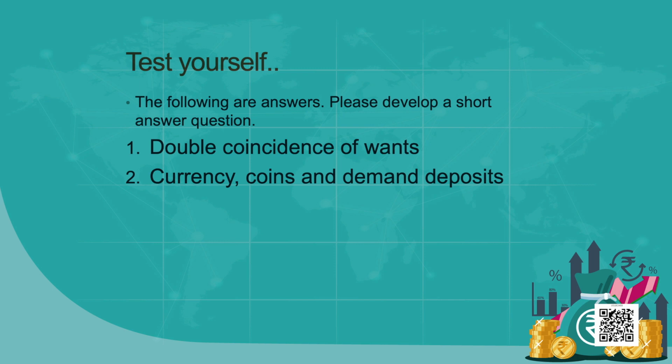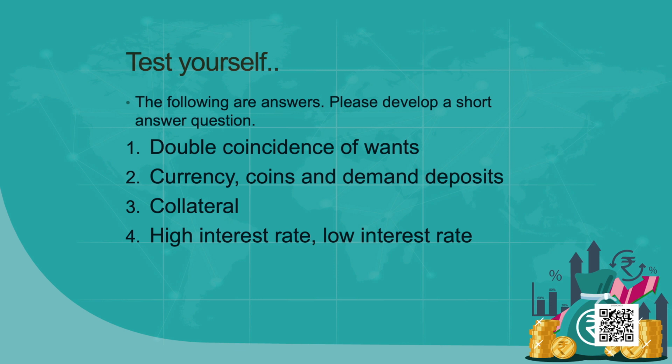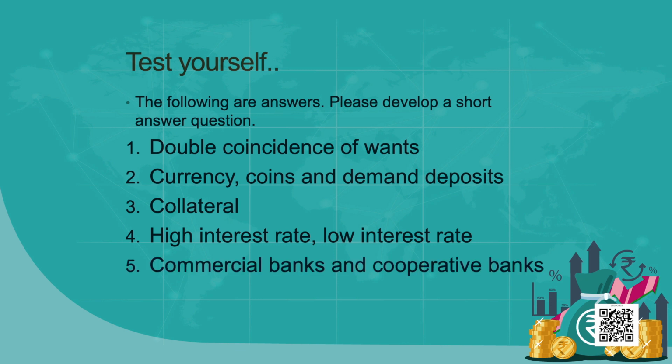You have to develop a question if this is the answer. Answer number 2, currency, coins and demand deposits. Answer number 3, collateral. Answer number 4, high interest rate, low interest rate. Answer number 5, commercial banks and cooperative banks. Answer number 6, no collateral is required to get a loan.